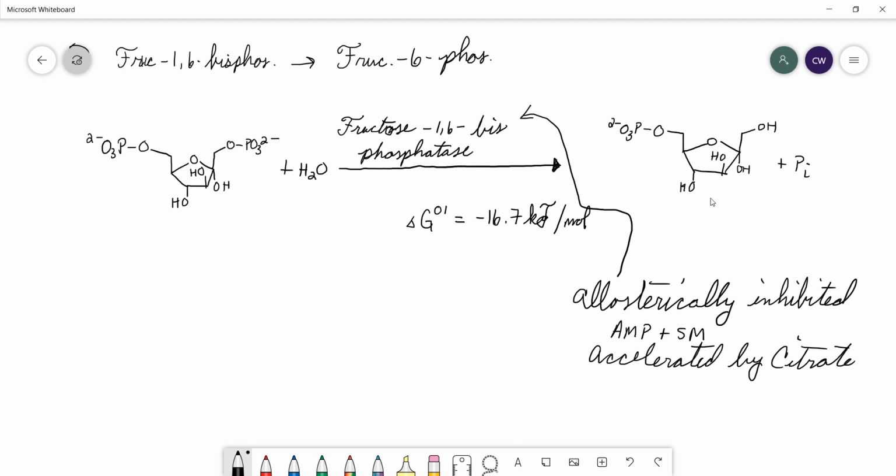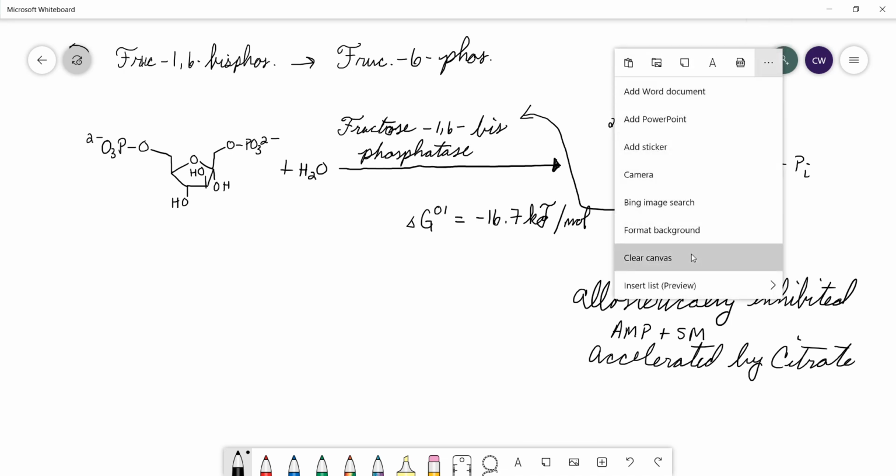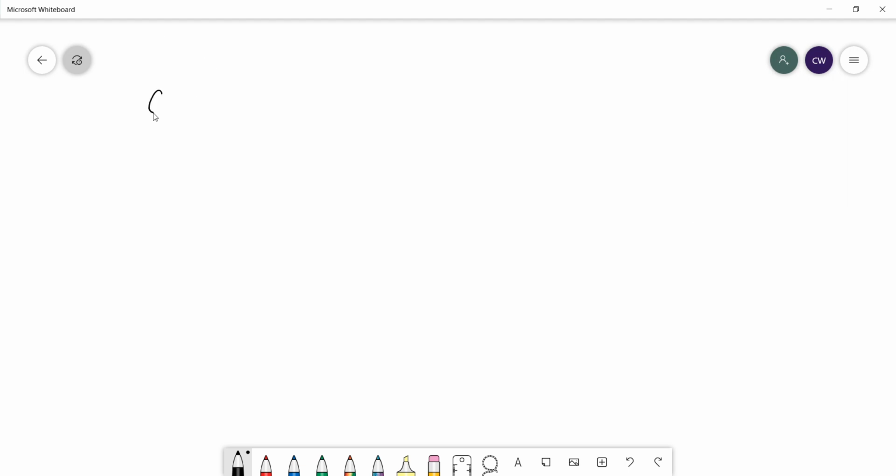Once we have fructose 6 phosphate, we can then use reversible reactions from the glycolytic pathway to get us to glucose 6 phosphate. So we can have G6P, and that will be converted to glucose.